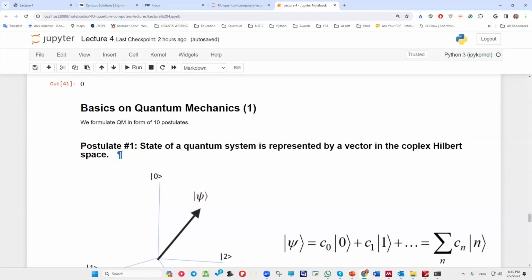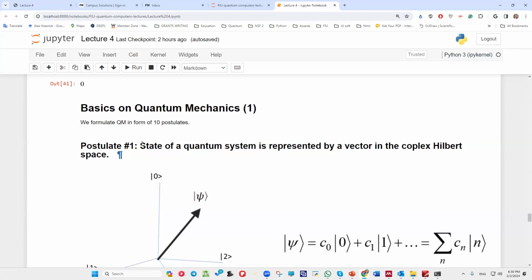Some of them are rather simple, some of them require a little bit of thinking. So let us start with the first one. Again, you would never find these postulates in textbooks. This is my way to represent quantum mechanics, right? In other books, you would find alternative ways.